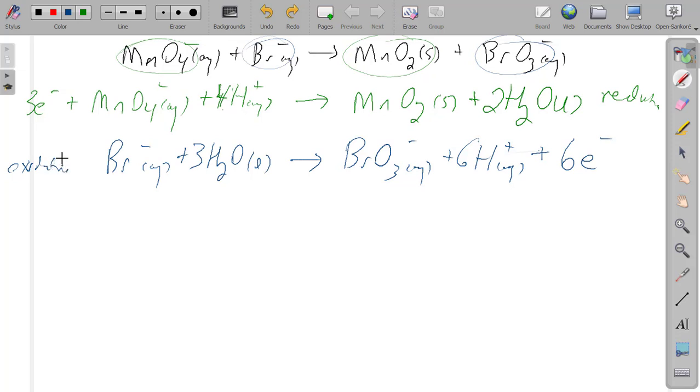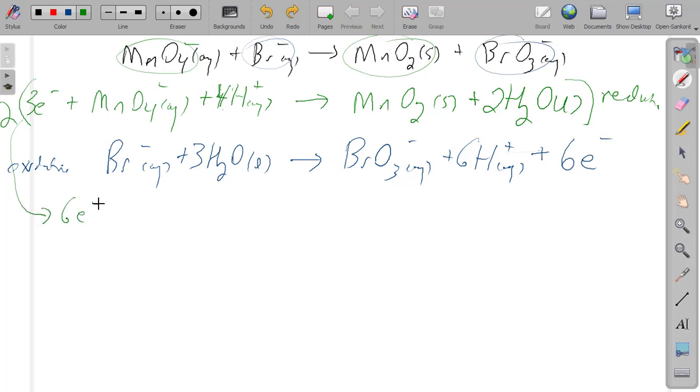Okay? And now we want to algebraically add them together, and notice I've got 6 electrons here and 3 electrons up here. And so, I'm going to have to multiply this equation by 2. This whole thing has to be multiplied by 2 to make it work. So I'm going to bring this down here and rewrite it.